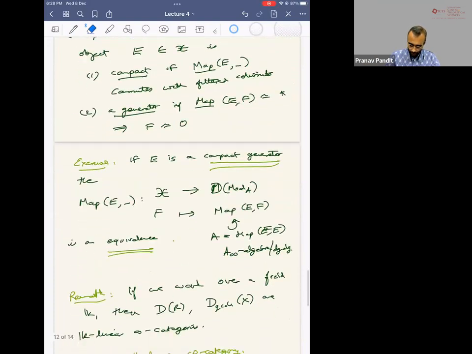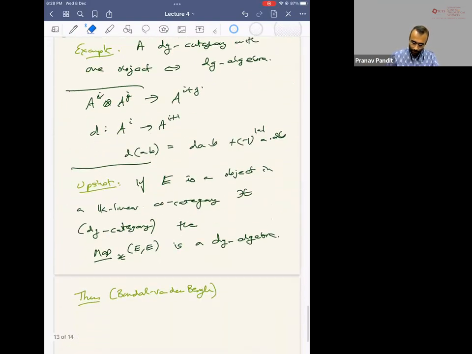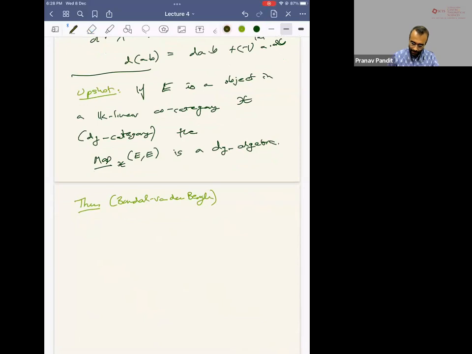Okay, so moving on. There's a theorem of Bondal-Van den Bergh that says that if X is a quasi-compact, quasi-separated scheme, then D quasi-coherent of X admits a compact generator.